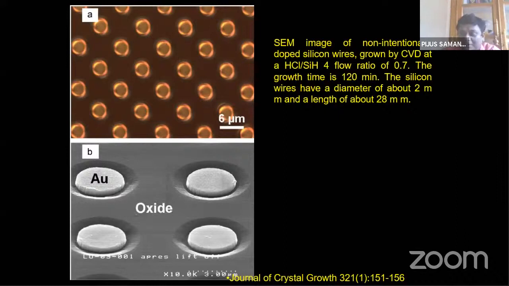So precautions are very essential. Precise control of every parameter in these vapor phases is really very important for successful growth of the nanostructures. So these are some of the processes by which we can grow these nanostructures, and the results have already been discussed.